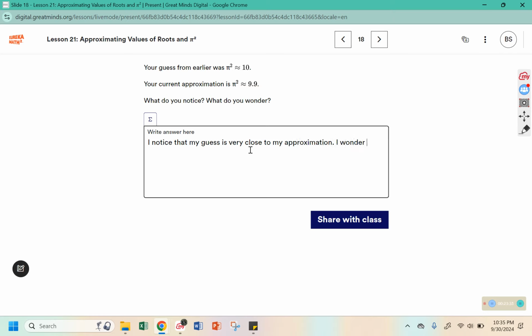I wonder how far I could continue to approximate pi squared using the above and below strategy. I need one that was within the box and one that was outside of the box to continue to narrow it down.